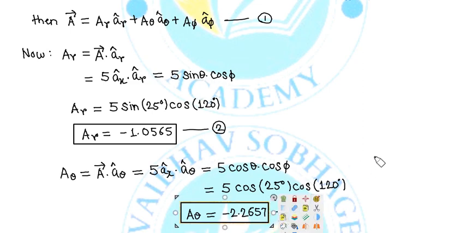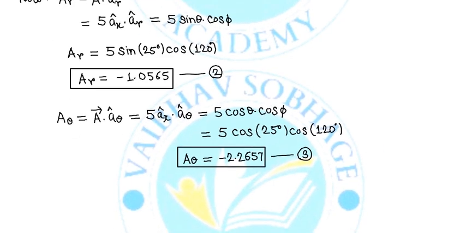Now we have A_R and A theta. Now we will move on to A phi. So what will be that A phi? A phi is nothing but the magnitude along the phi direction, which is the projection of vector A in the A phi direction. Now we have to find out the dot product. Your vector A is given to be 5 ax cap, which will have the dot product with respect to A phi cap.